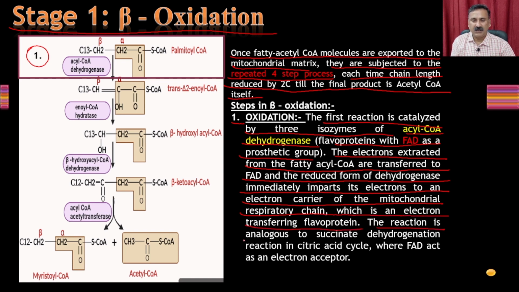The reaction is analogous to the succinate dehydrogenase reaction in the citric acid cycle, where FAD acts as an electron acceptor. So the acyl-CoA dehydrogenase takes up this substrate, and it produces one molecule of FADH2.